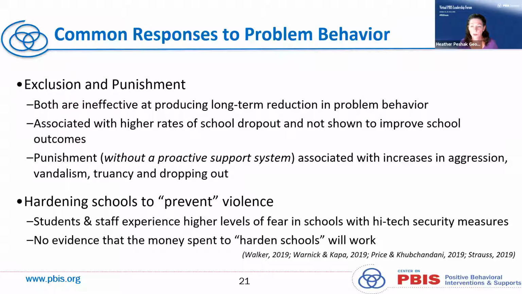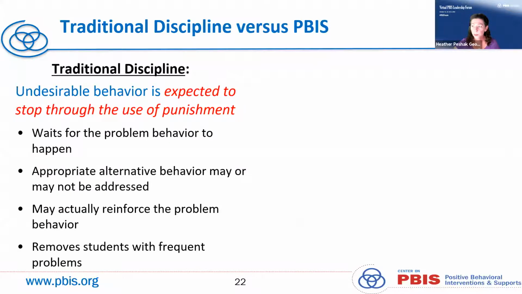So our common response to problem behavior is that exclusion and that punishment piece. We also know that hardening schools to prevent violence actually tends to backfire on us and doesn't necessarily produce as safe environments as we had hoped. Not saying that they all don't work. There are pieces of it that are absolutely important, but they can't be the only pieces that we do.